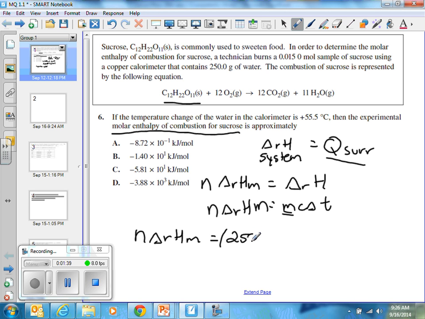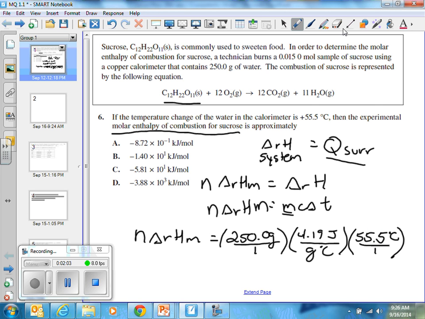So it's 250.0 grams times the C value of water, which is 4.19 joules per gram degree Celsius, and the temperature change is 55.5 degrees Celsius. So if we look at our units here, grams will cancel, degrees Celsius will cancel, then we'll be left with our answer in joules.